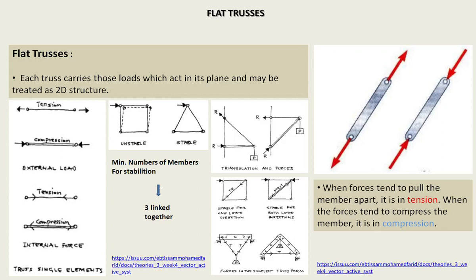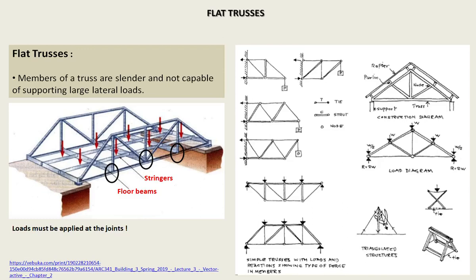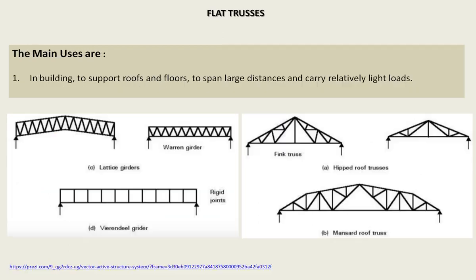When forces tend to pull a member apart, it is in tension. When the forces tend to compress the member, it is in compression. Members of a truss are slender and not capable of supporting large lateral loads.